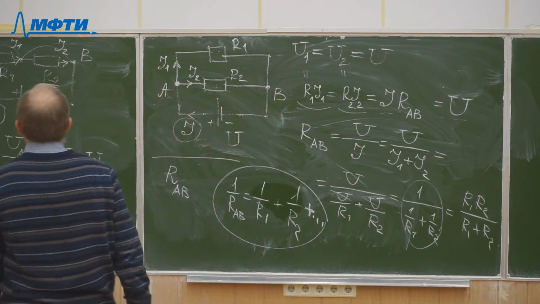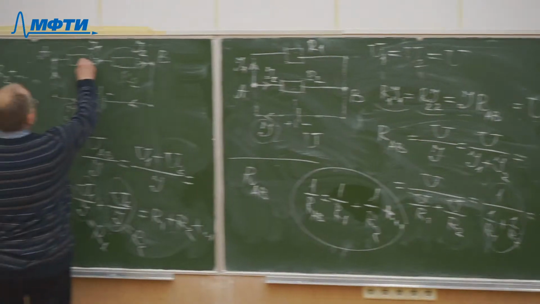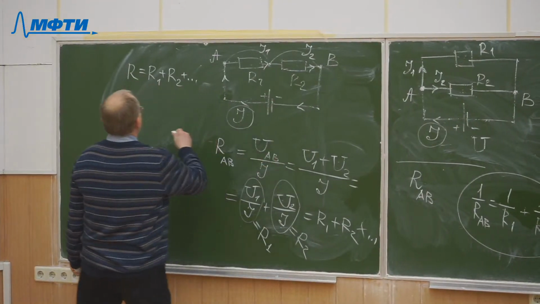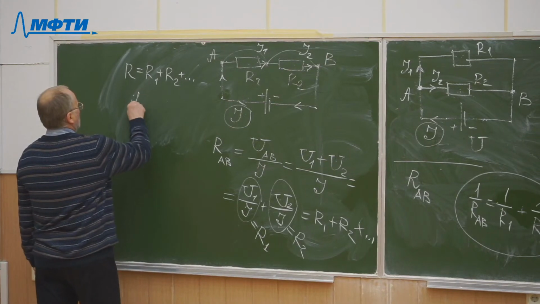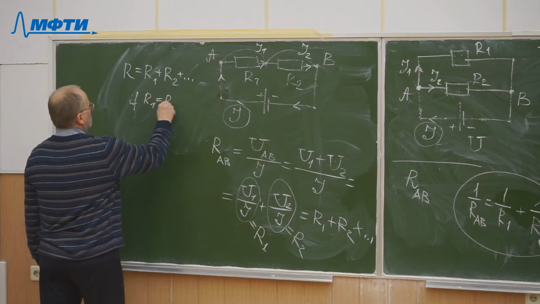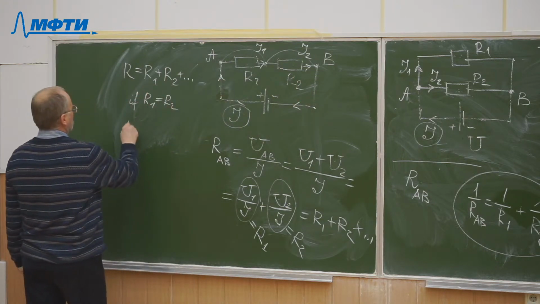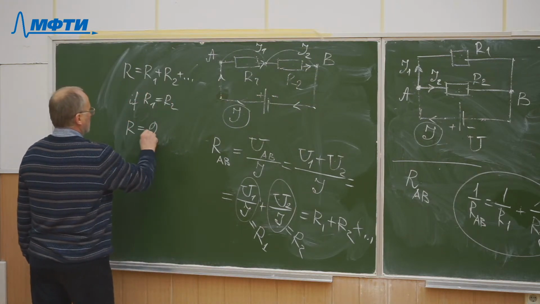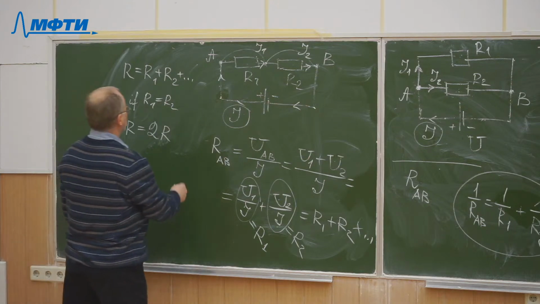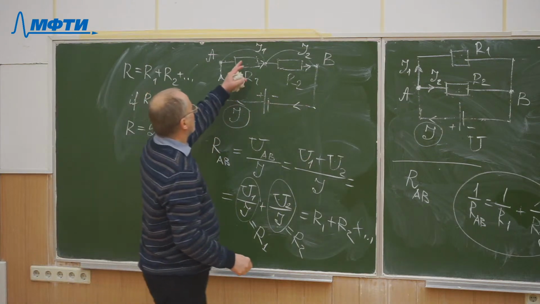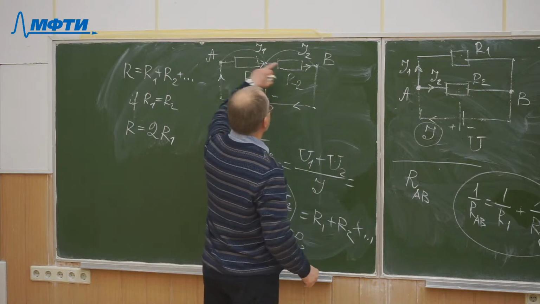So if two equal resistors are here, if R1 equals R2, then the total resistance in serial connection will be twice the resistance of each separate resistor.